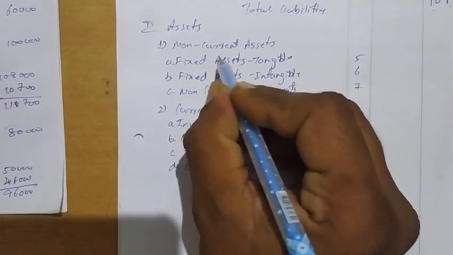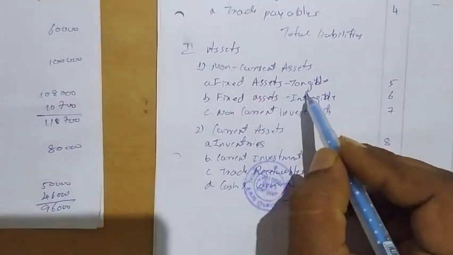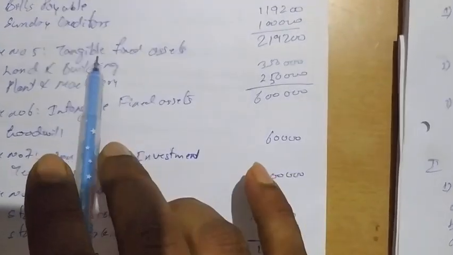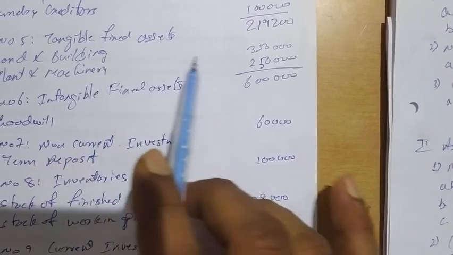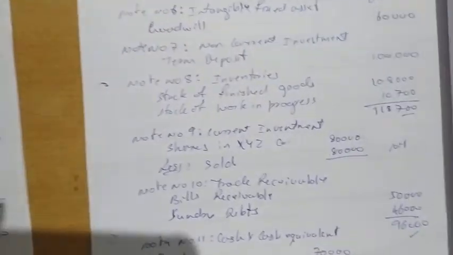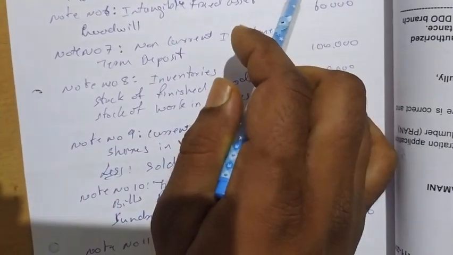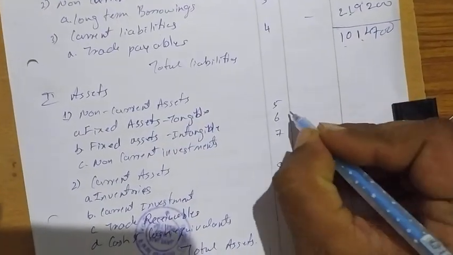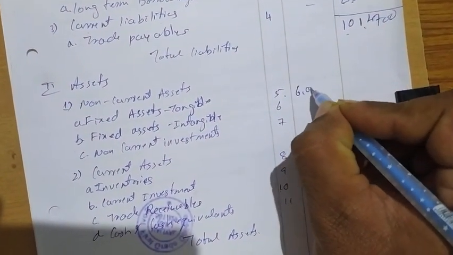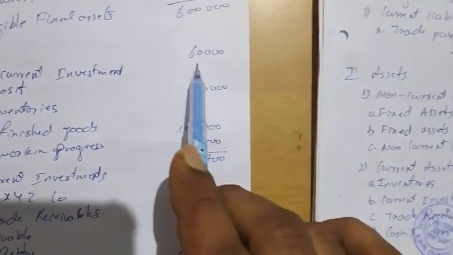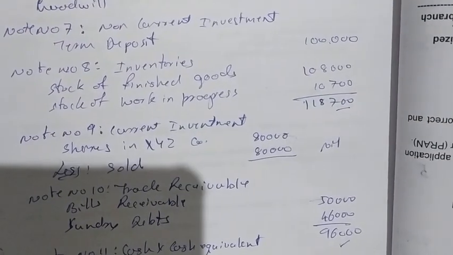On the asset side, first non-current assets, fixed assets tangible. We have not made any changes here. Land and building 3,50,000, plant and machinery 2,50,000, remains the same, directly 6 lakh rupees. So note number 5, 6 lakh rupees. Then fixed asset intangible: goodwill was worth 60,000 and remains the same.